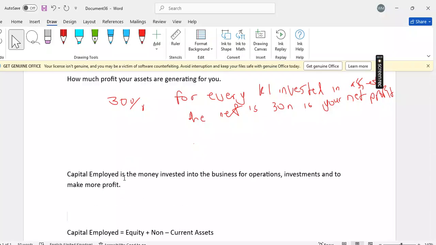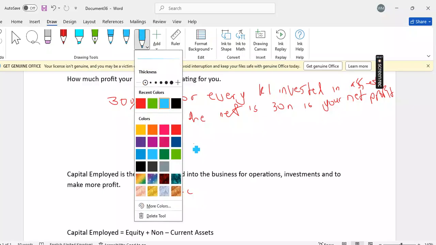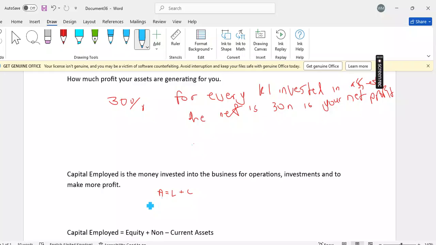Remember, from the accounting equation, assets equals liabilities plus capital. We break our assets down into the non-current assets, NCA, plus current assets.